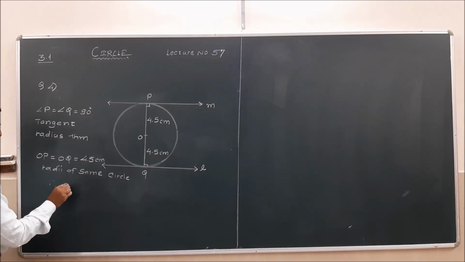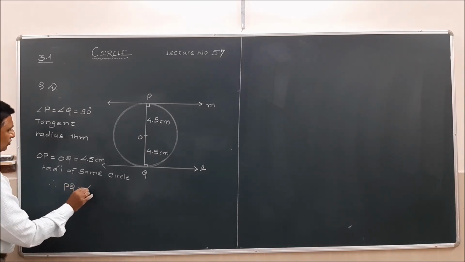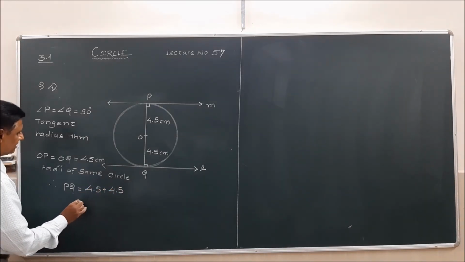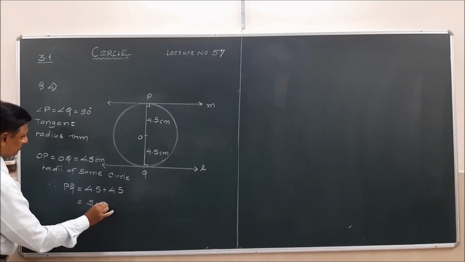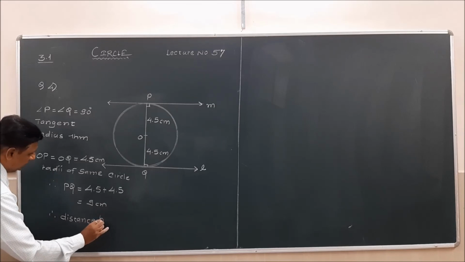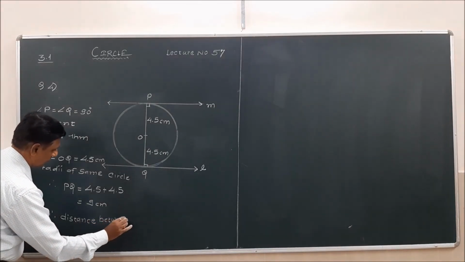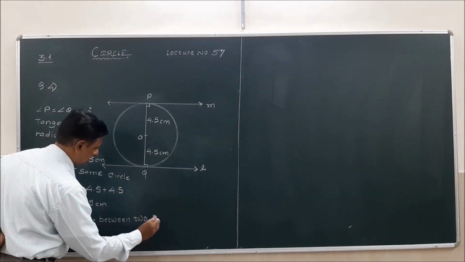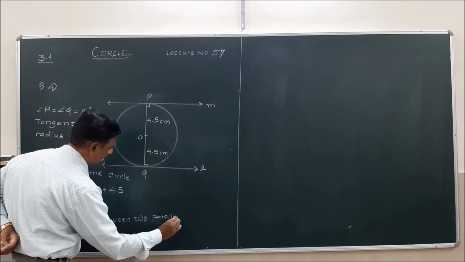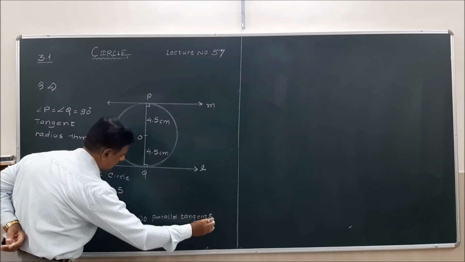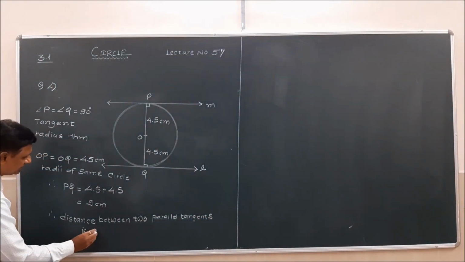Therefore, PQ is equal to 4.5 plus 4.5, that is equal to 9 centimeter. Therefore, distance between two parallel tangents is 9 centimeter.